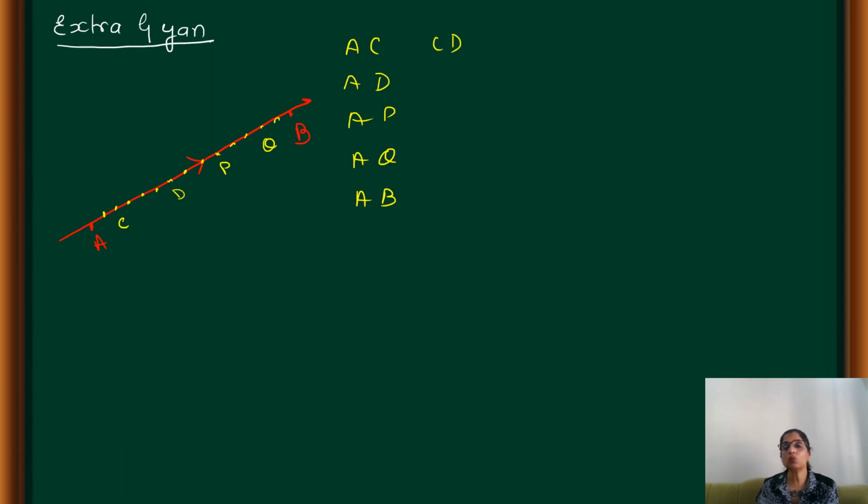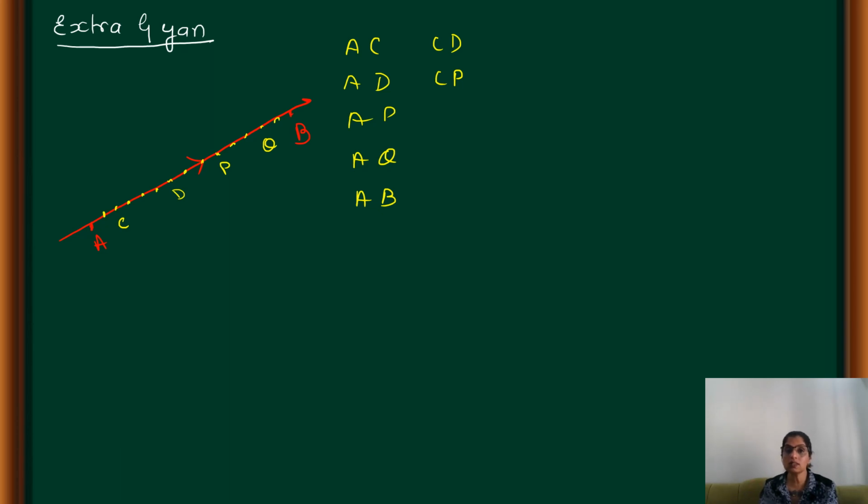Which means as many points as we are able to pick up, that many direction ratios we will get. You getting it? Every time we pick up a set of points, we will get a new set of direction ratios.